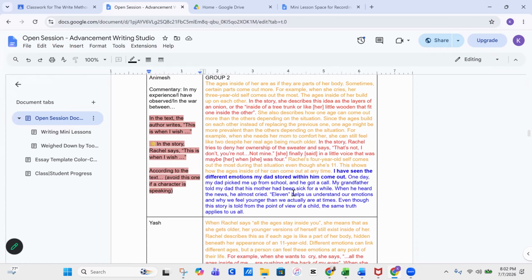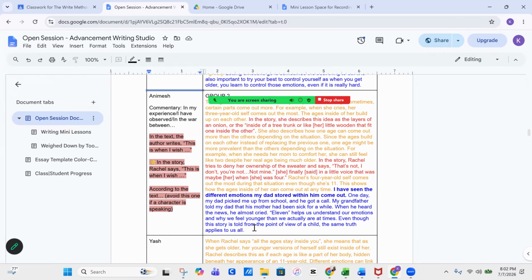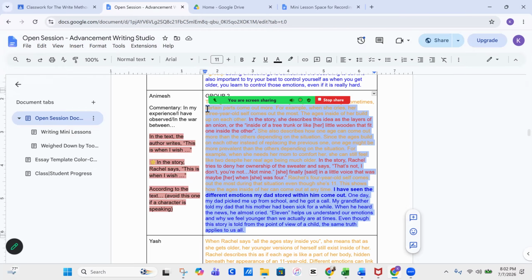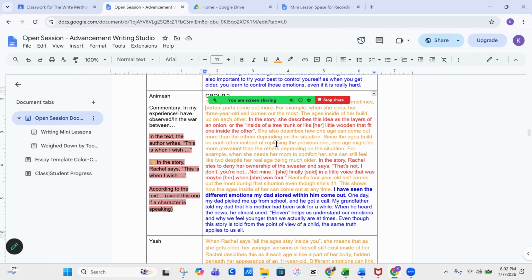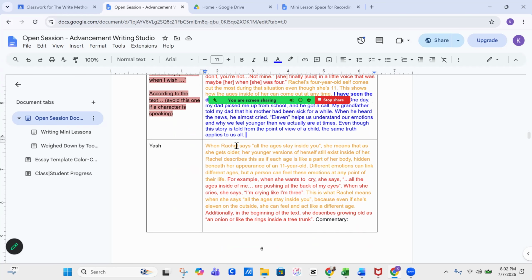So, how do you start? Again, it's overwhelming when you look at this. So, the thing to do, just work on it bit by bit. Okay. See what you're saying there. And if you're really stuck, just highlight the most important words. Okay.